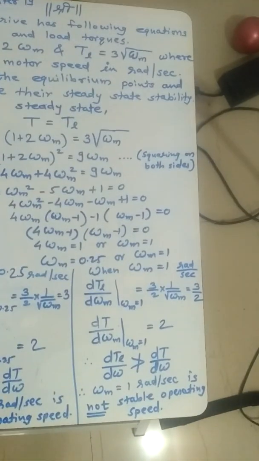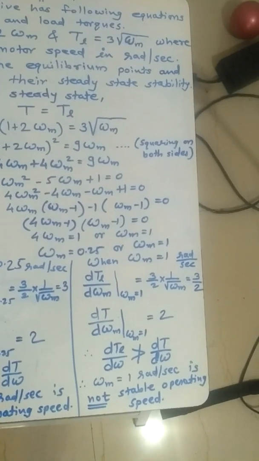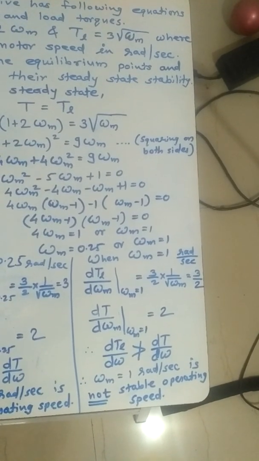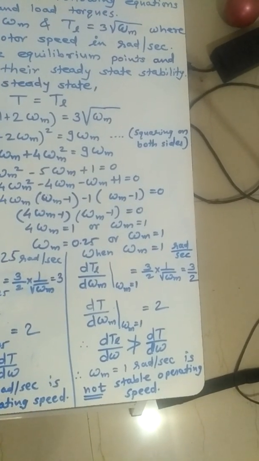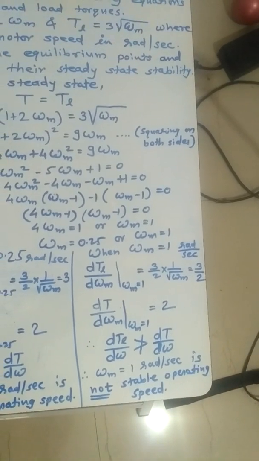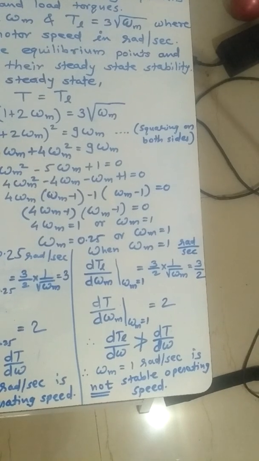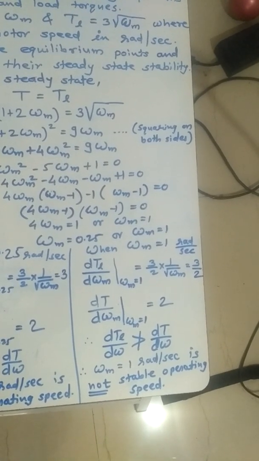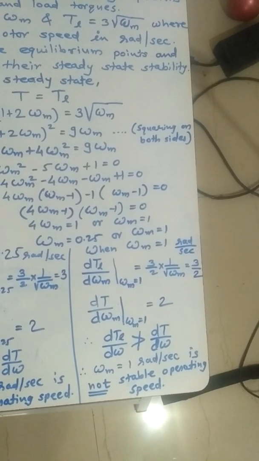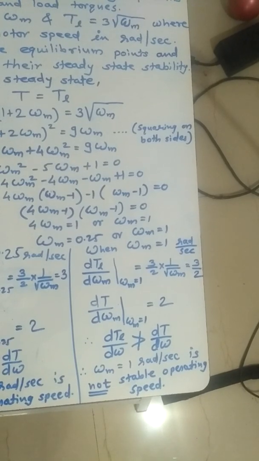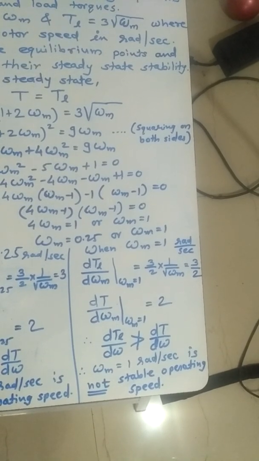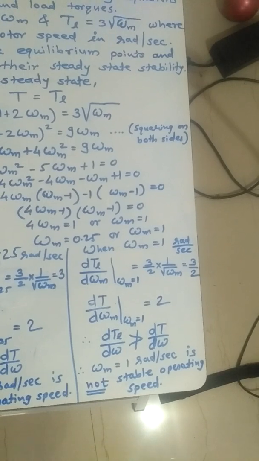Similarly, we check when omega m is equal to 1 radian per second. I will carry out the steps of differentiating the load torque with respect to omega m. Now, instead of evaluating at 0.25, I will evaluate it at omega m is equal to 1. So dTL by d omega m, I get as 3 by 2.